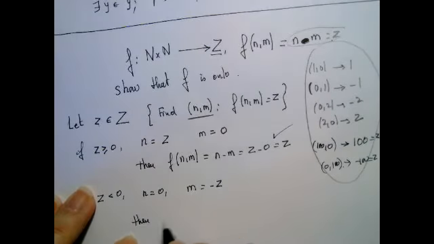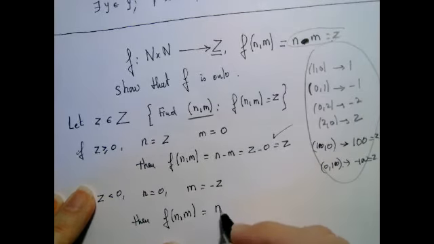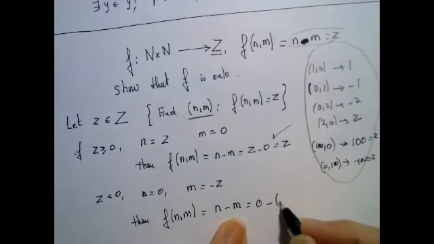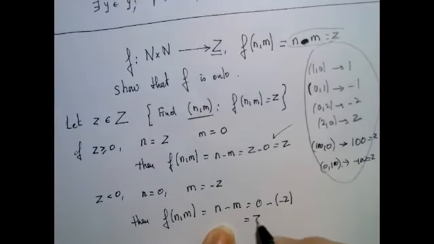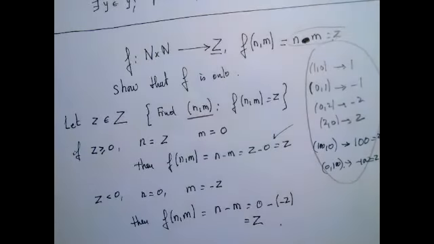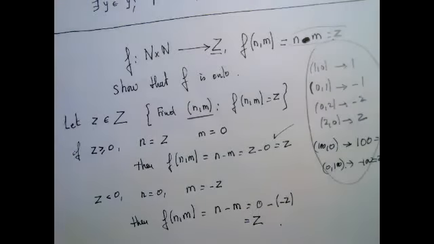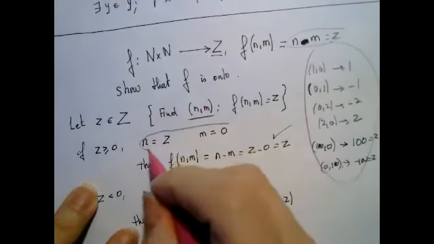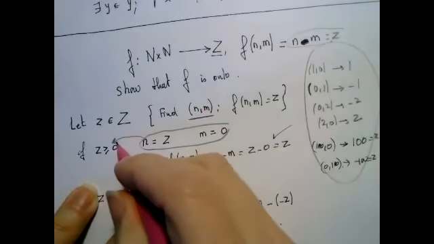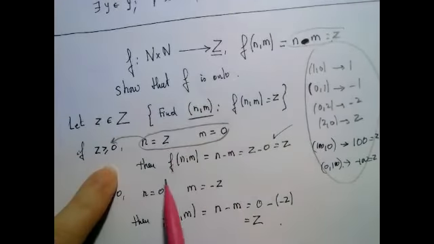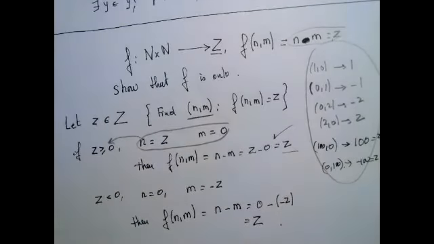Then f of (n, m) is n minus m, which means 0 minus (-Z), which is equal to Z. So that's how we make the argument. We pick any Z, and you have to give me n and m. They should depend on Z only. And convince me that for this choice of n and m, the image is mapped to Z.